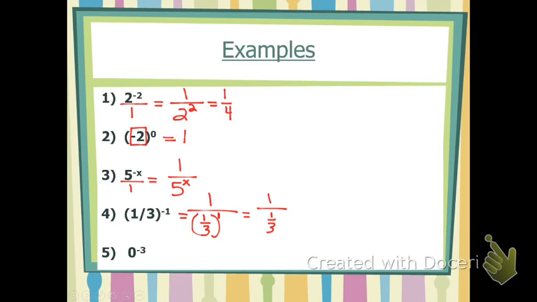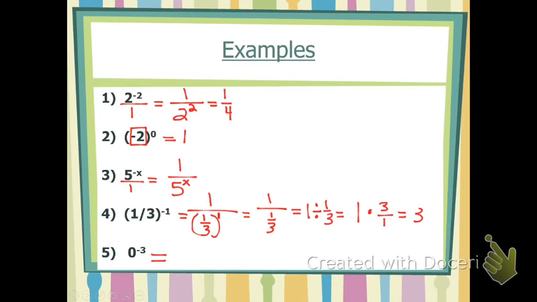And then you'll remember from elementary school that fractions are really just the same thing as dividing. So this is like 1 divided by 1/3. And rather than dividing by a fraction, you change it into multiplying by the reciprocal. So 1/3 to the negative 1 equals 3.